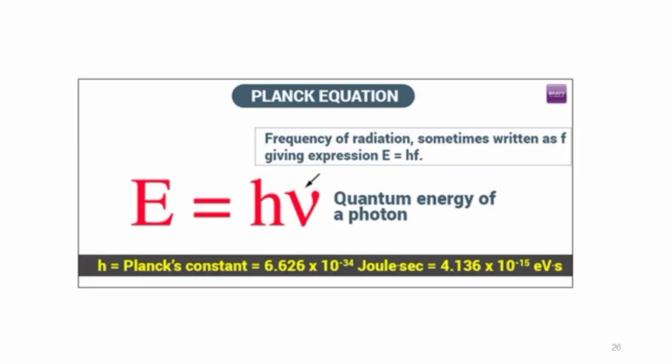The significance of Planck's constant in this context is that radiation such as light is emitted, transmitted, and absorbed in discrete energy packets or quanta, determined by the frequency of the radiation and the value of Planck's constant.